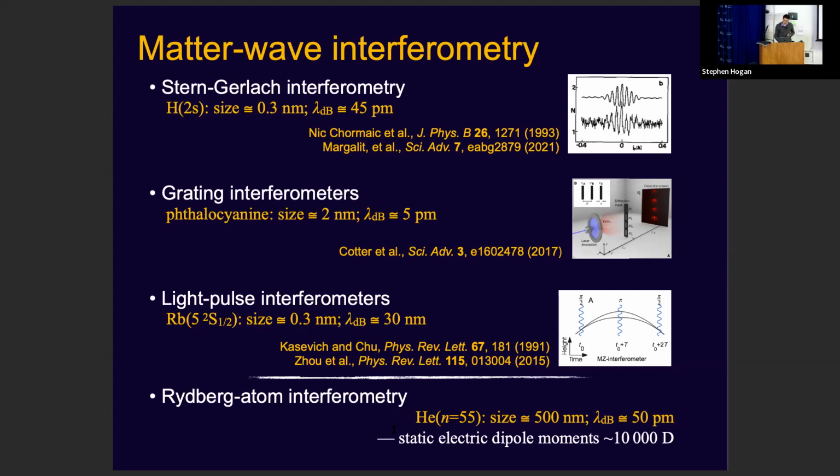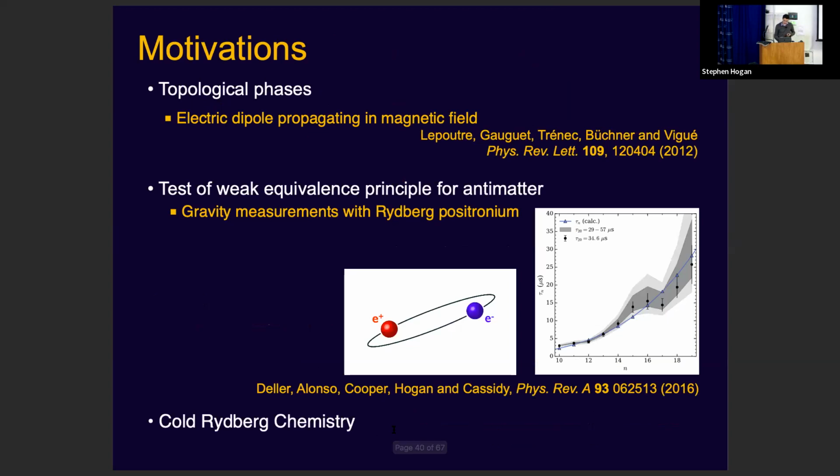The other thing is that we have these very big electric dipole moments, which is interesting for some fundamental things. With big dipole moments, you can look at topological phases. There's the Aharonov-Bohm phase, a quantum phase accumulated by an electron moving in 2 ways around a magnetic field line.